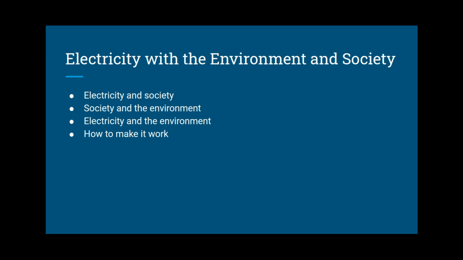So, my second last point within this slide: electricity and the environment. As much as we say that they can't work together, they very well can, because a lot of our ideas are things that we've already derived from nature.